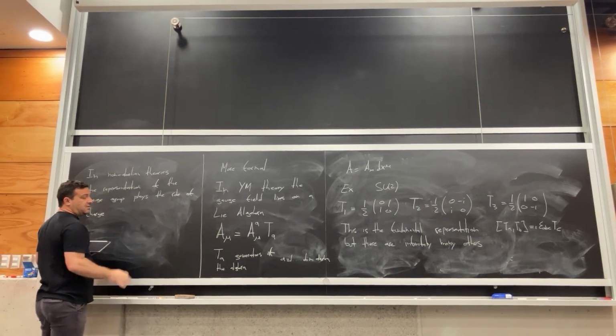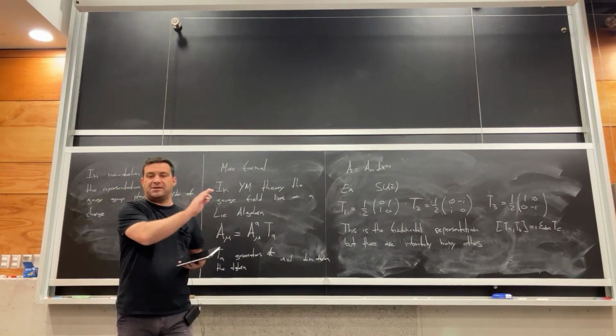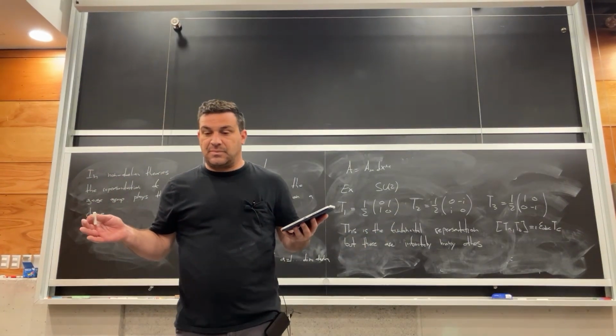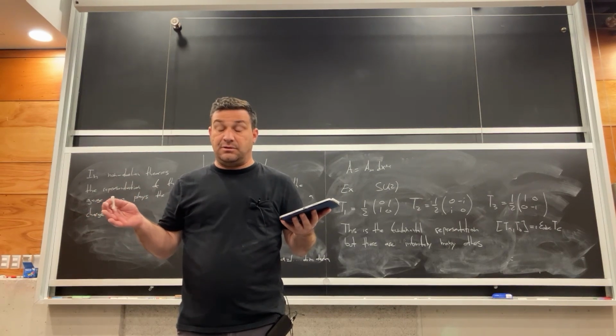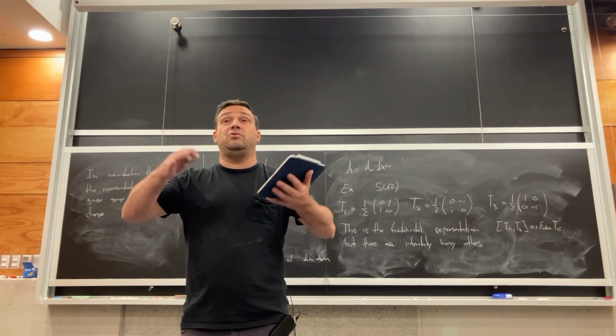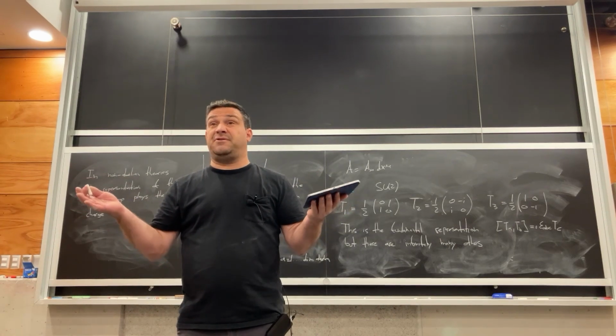So if this idea is not clear, just go back to the abelian case where you have two U(1)s. You have only electromagnetic fields. And then now say you have two particles and they have different charge.